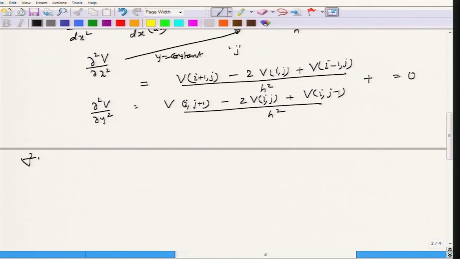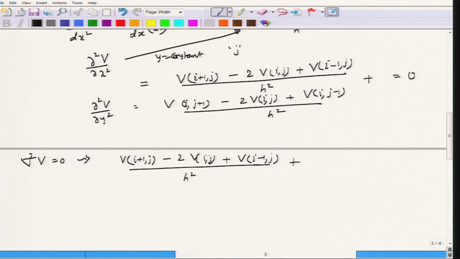So, Laplace's equation del square v equal to 0 becomes on a computer v of i plus 1 comma j minus 2 v of i comma j plus v of i minus 1 comma j, which would tell me how v is changing with respect to x. Then I have the corresponding expression for y, which would be v of i comma j plus 1 minus 2 v of i comma j plus v of i comma j minus 1, divided by h square, equal to 0. So, this is your second step.